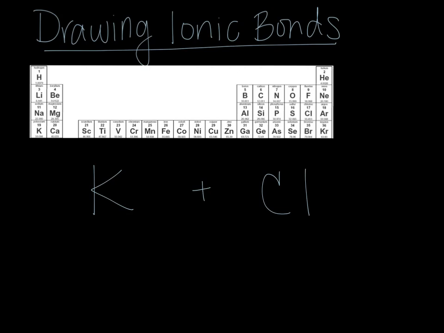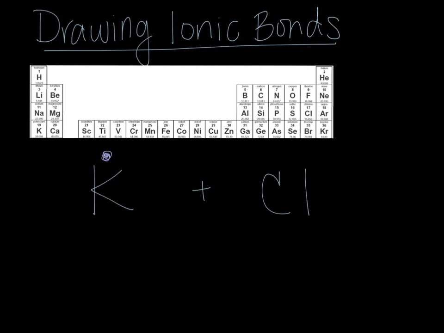So when I draw the electrons, I'm just going to draw one electron, because it's in group 1. Chlorine is over here in group 17, so it's going to have 7 electrons.